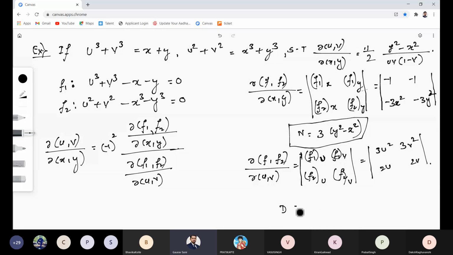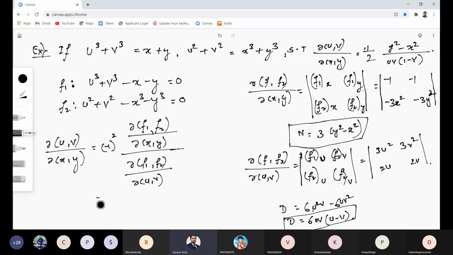So the denominator here is 6 u square v minus 6 u v square. So denominator is equal to 6 common u v common in bracket u minus v.